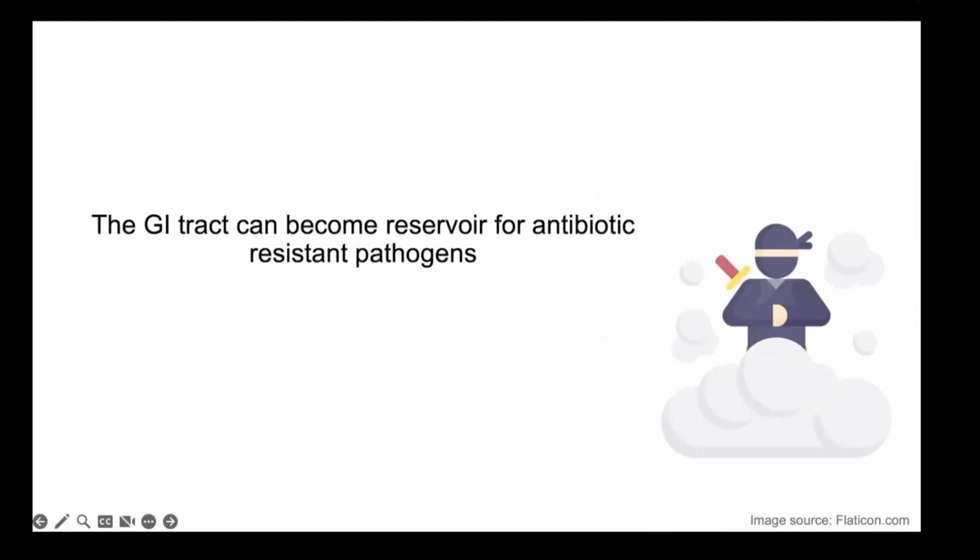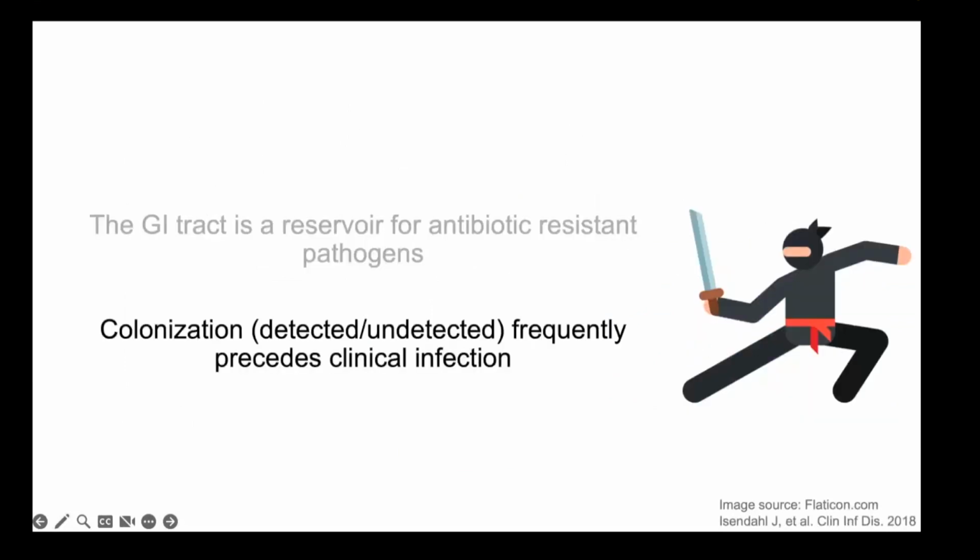And we know that the GI tract can then act as a reservoir for antibiotic-resistant pathogens. And colonization of the GI tract, whether detected or undetected, frequently precedes invasive clinical infection.